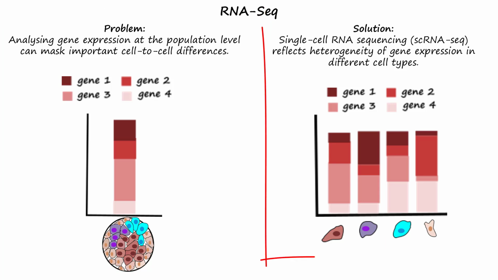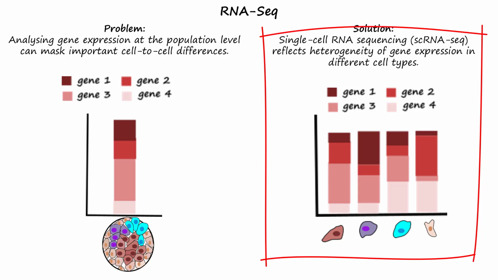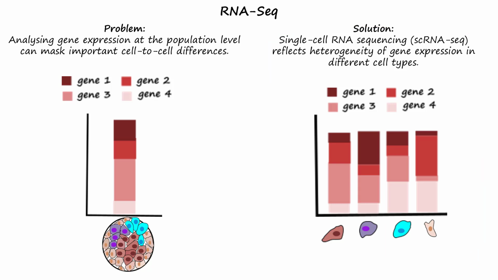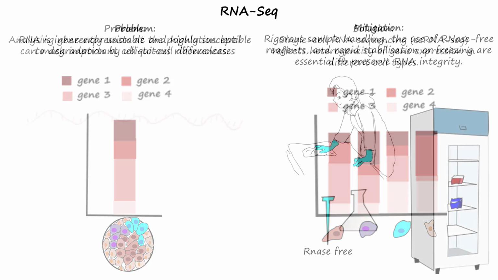In contrast, single-cell approaches resolve gene expression at the level of individual cells, revealing transcriptional heterogeneity. This allows for the identification of rare cell populations, distinct cellular states, and developmental trajectories.